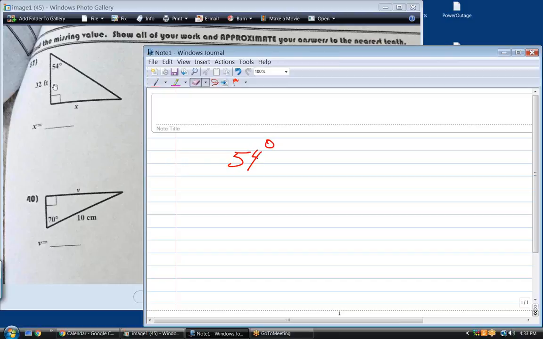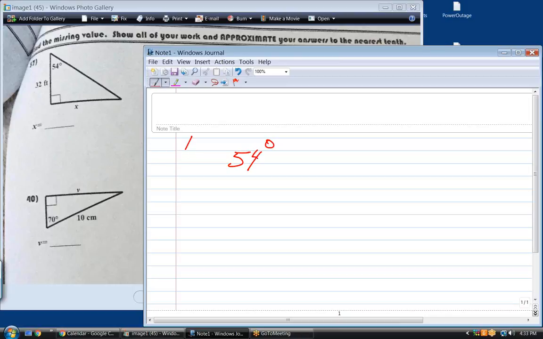Yeah, because they only give us two pieces of information. So you always want to use the trig function that relates those two sides. In other words, we don't have a hypotenuse, so we wouldn't want to use sine, we wouldn't want to use cosine. But tangent is what relates the opposite to the adjacent.